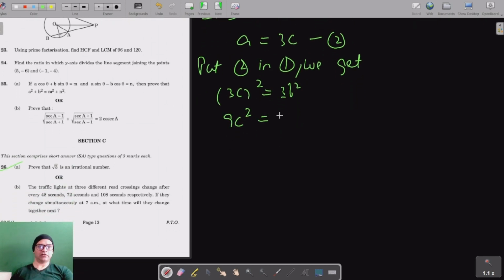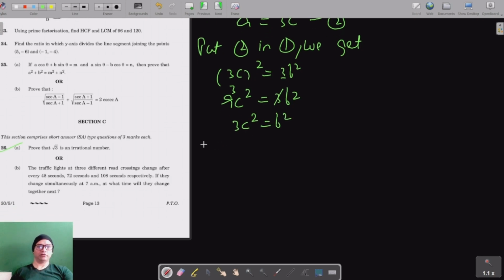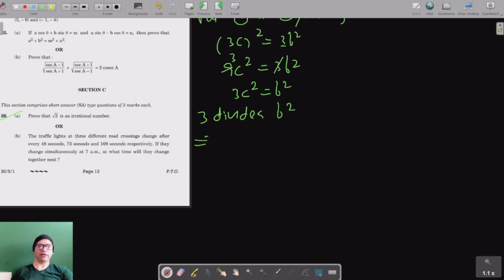This is 9c square is equal to 3b square. So 3 3s is 9, which gives 3c square is equal to b square. So this means 3 divides b square. So if 3 divides b square, it means 3 divides b.